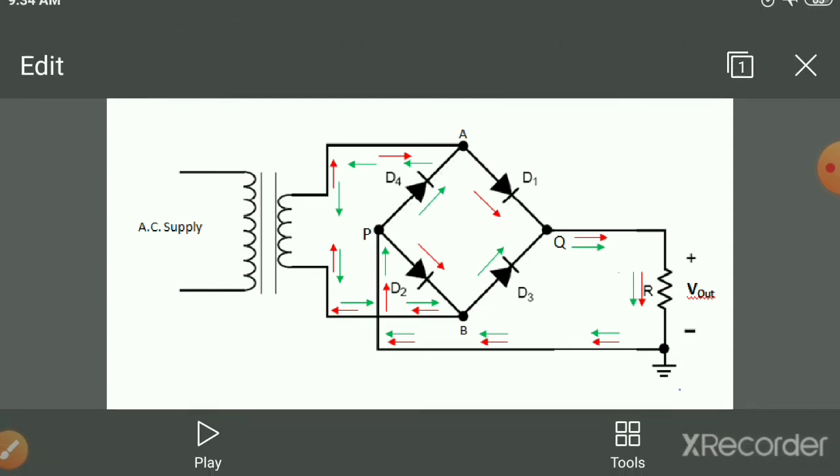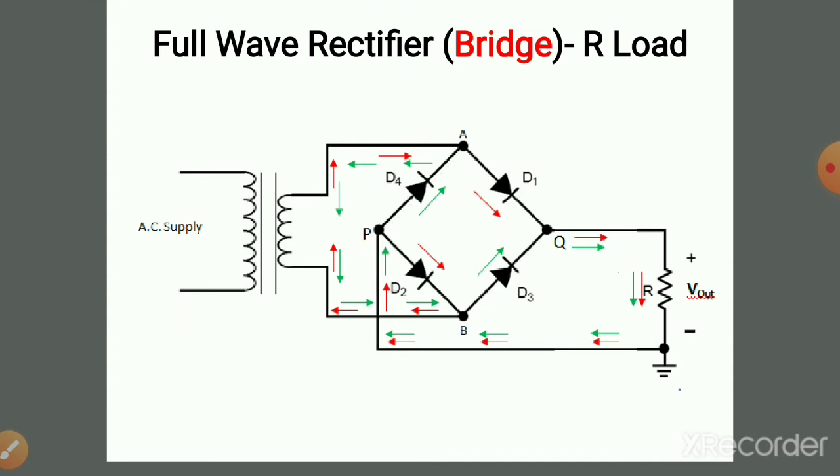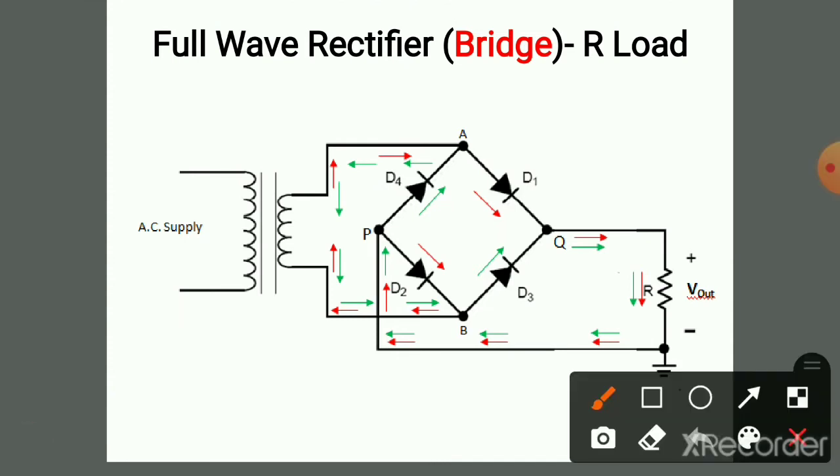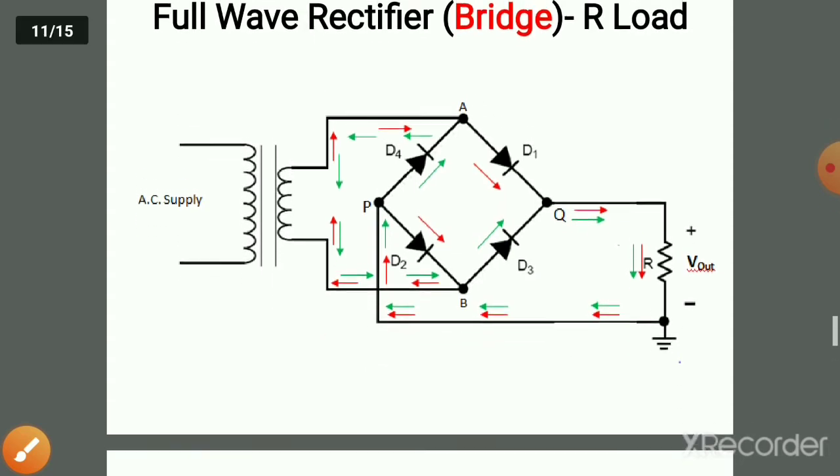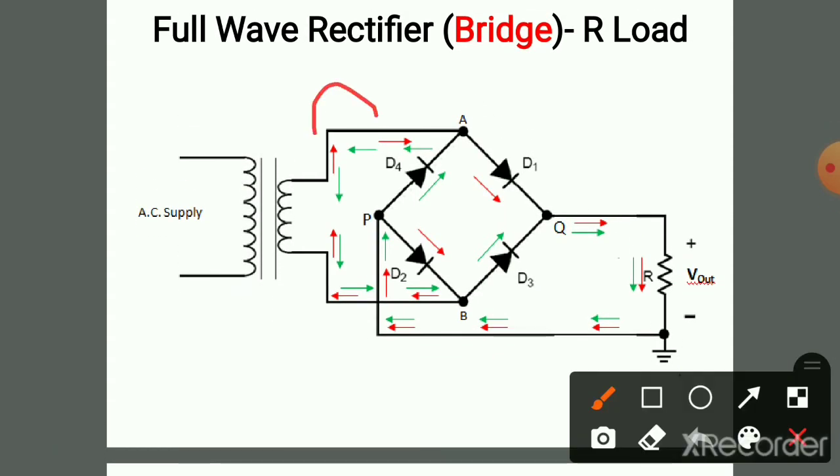Right, so when the supply voltage is given to the bridge rectifier circuit, it's a bridge circuit only. Because of the positive polarity applied here, positive supply we are applying, you can see here that diode D1 and diode D2 are getting the positive polarity and are forward biased.